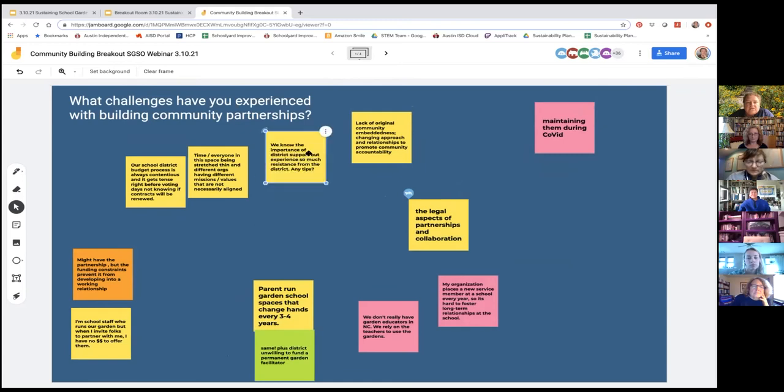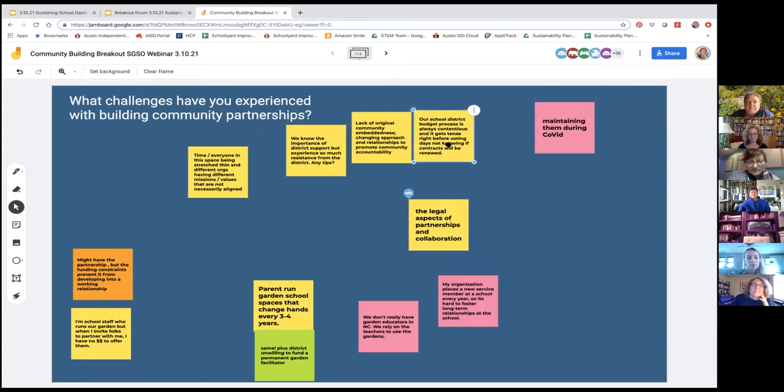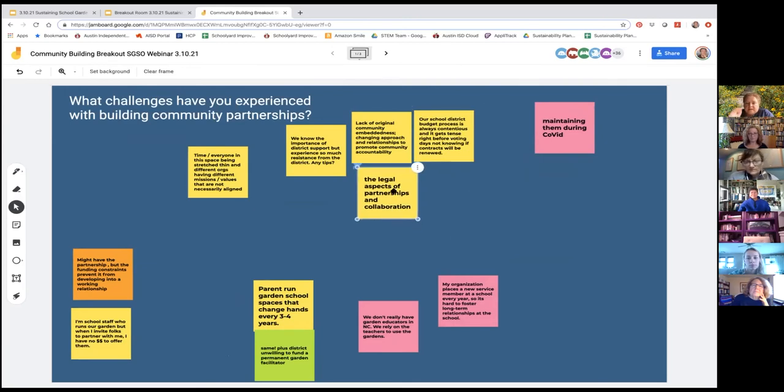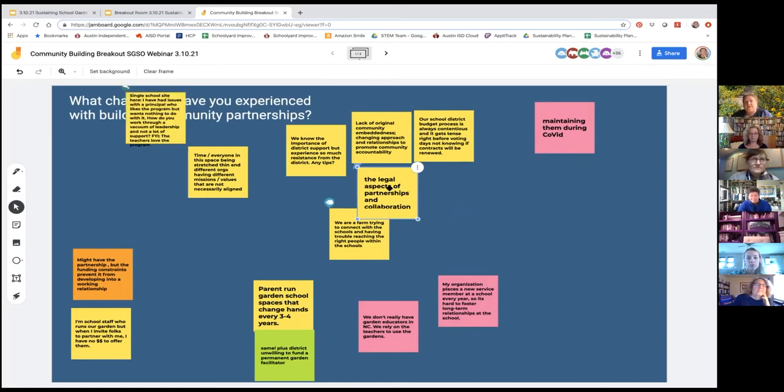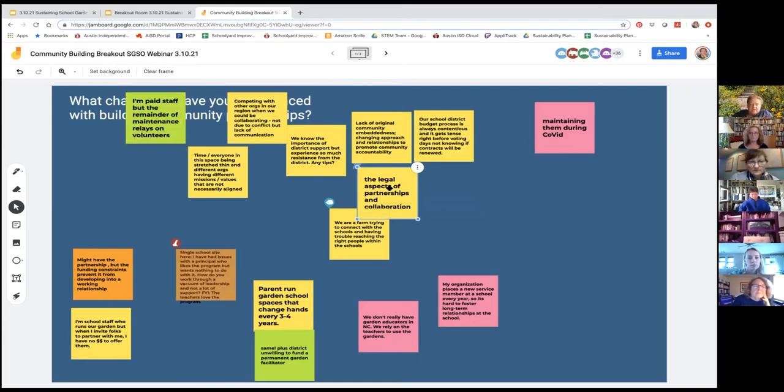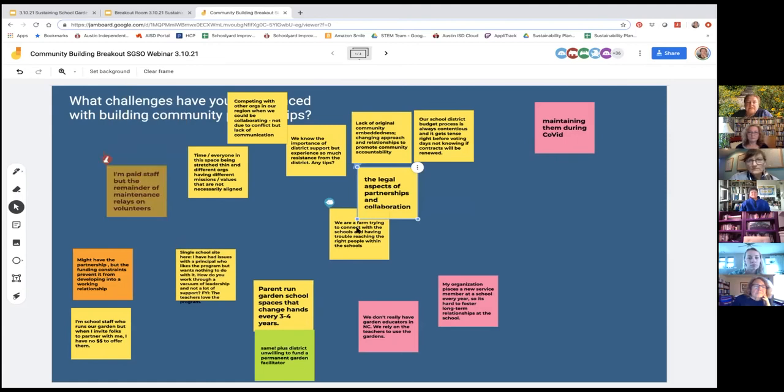We've got district support. Maybe I'll put that with community. Legal aspects. Yeah, this is something I spend a lot of time on now in my position at the district, working on MOUs and our joint use agreements and our district level policies that make it easier to have partnerships. So that's definitely something that takes years and years to work on.